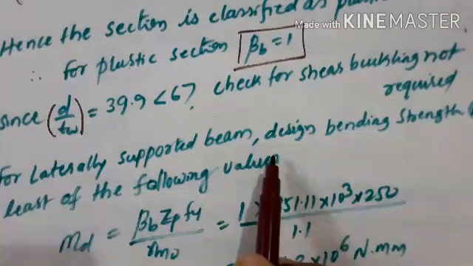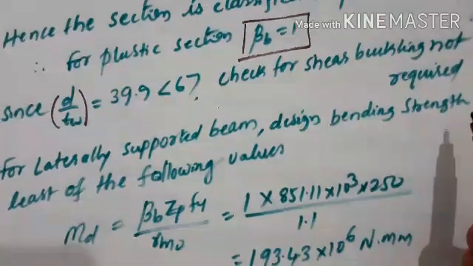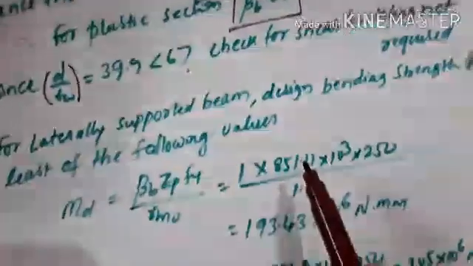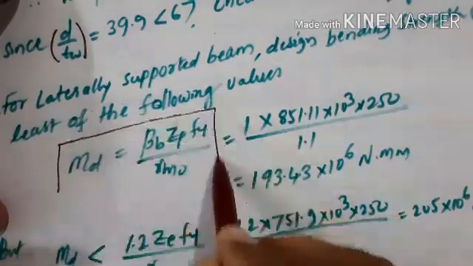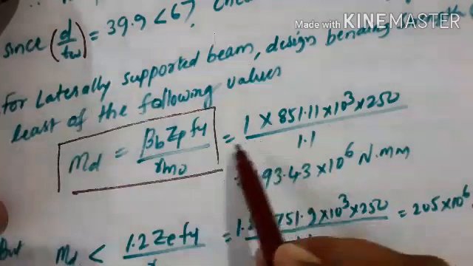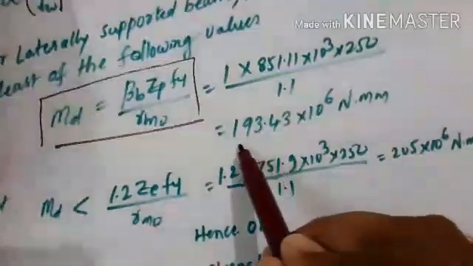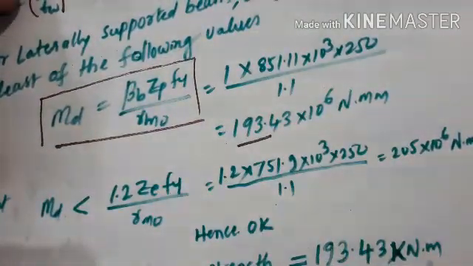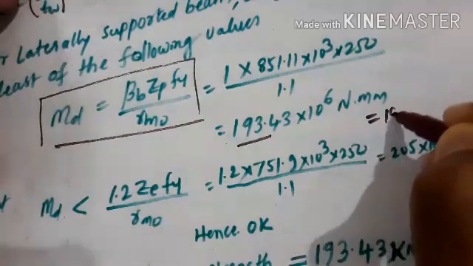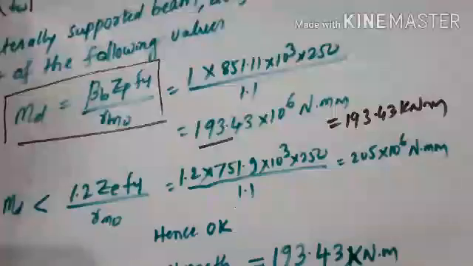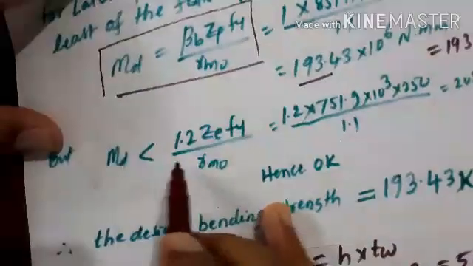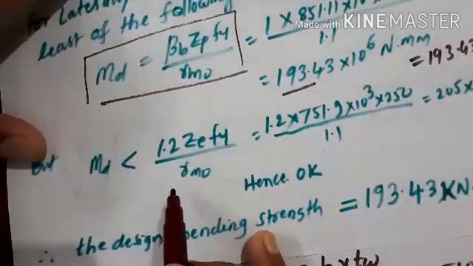Then for a laterally supported beam, design bending strength. Here the design bending strength is asked. So it is the least of the following values. The first one is this one. Then substitute all the values here. We got this much, that is 193.43 kilonewton meter. Then, this is for a simply supported beam.